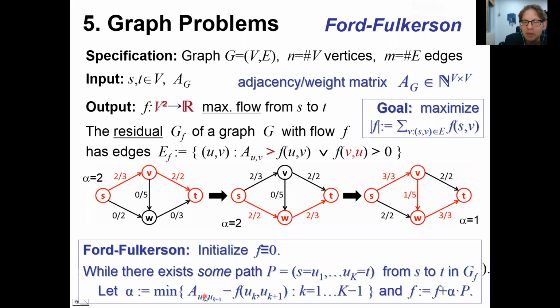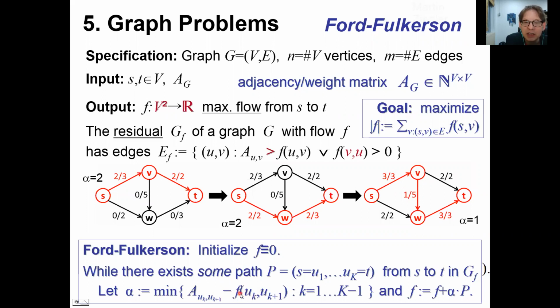Calculate the flow feasible through that path. This is much easier than calculating, in a sense, right? I mean, calculating the maximum flow in the path is easy. Just take the minimum, the bottleneck over all edges, according to the remaining capacity.